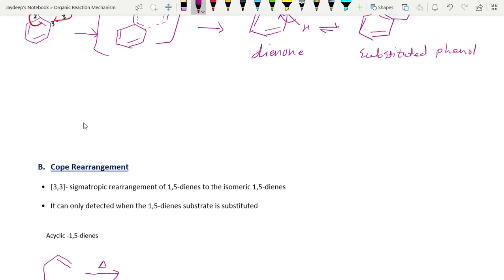Now let us consider the same example with the substituent. Again, this sigma bond is going to be cleaved. The numbering should start from 1, 2, and this is 3. This is 1, this is 2, and this is 3. Okay, the migration of the bond will take place like that.